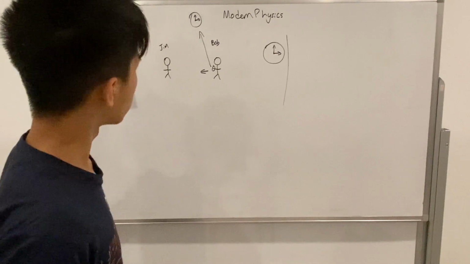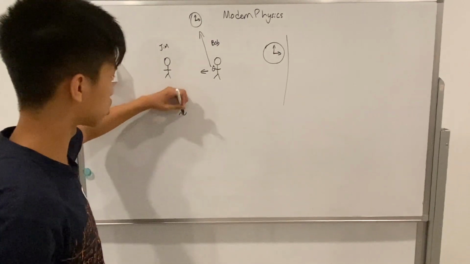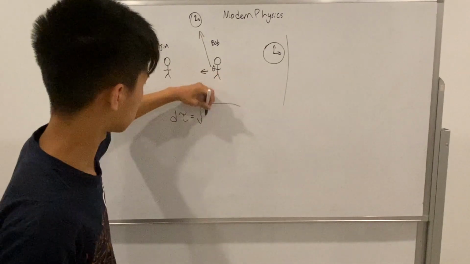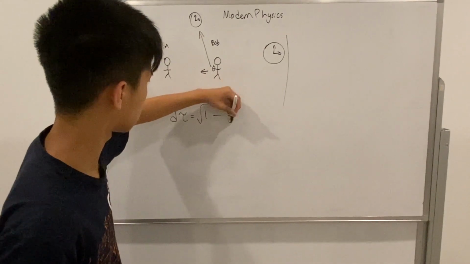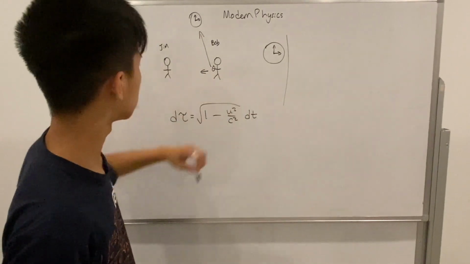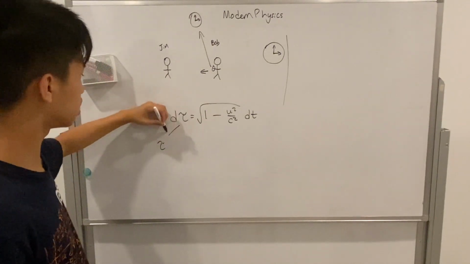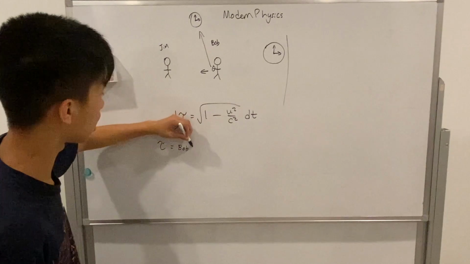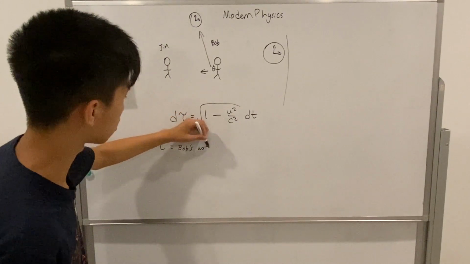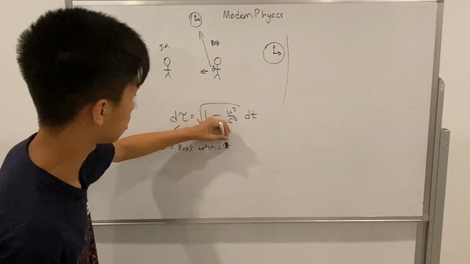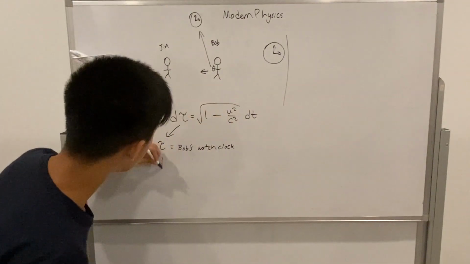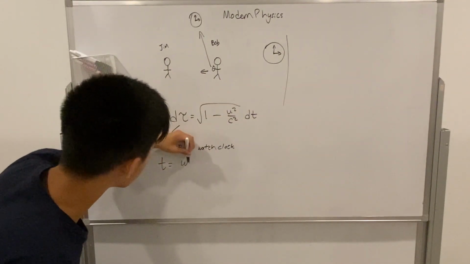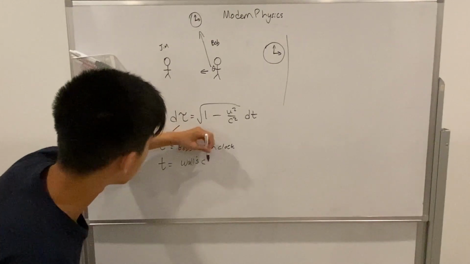So how much slower is determined by this formula. So this Greek looking t is the time elapsed as on Bob's watch clock, while the normal t is the wall's clock.